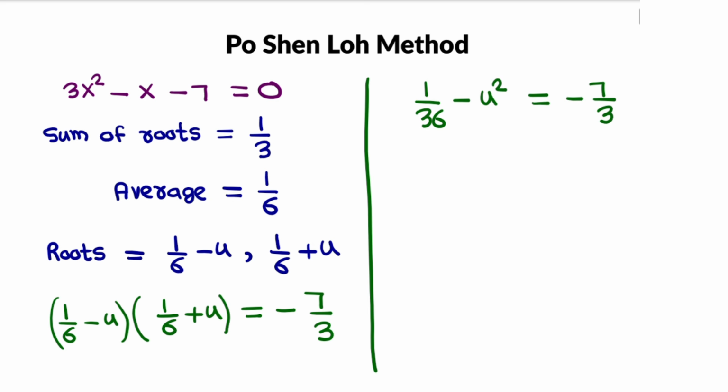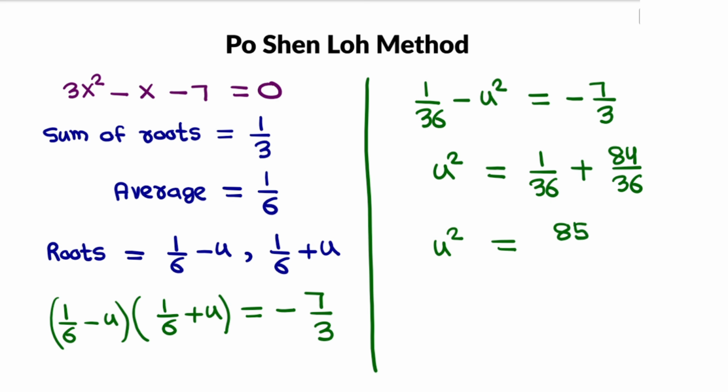Now solve for u squared. u squared equals 1 over 36 plus 84 over 36. So u squared equals 85 over 36.